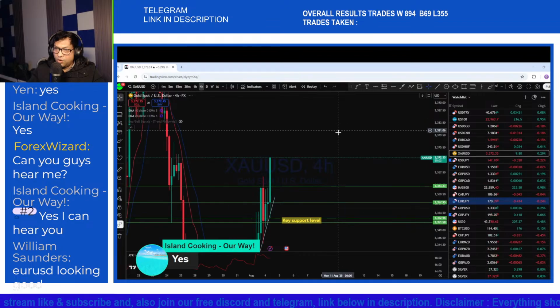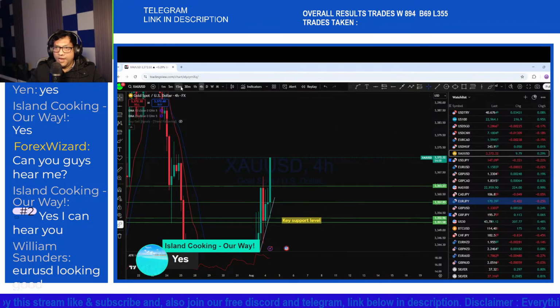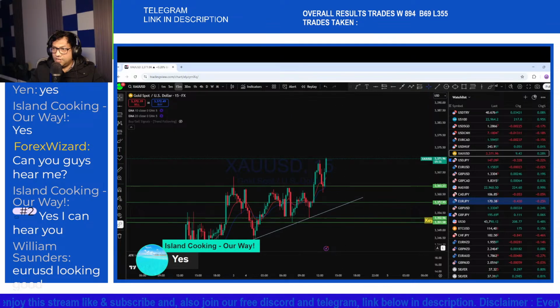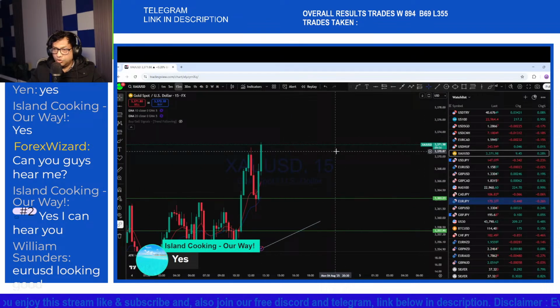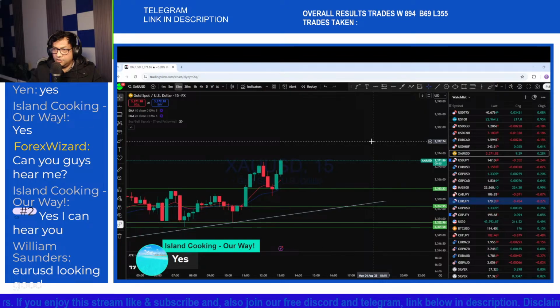Looking at the 4-hour chart, which is basically breaking to the upside, with this break the market may continue to rise to create a new higher high.